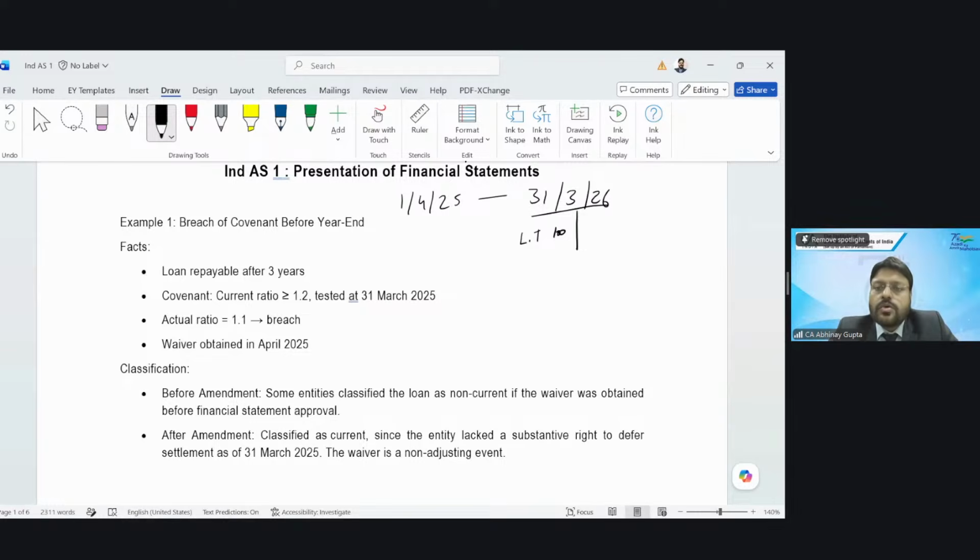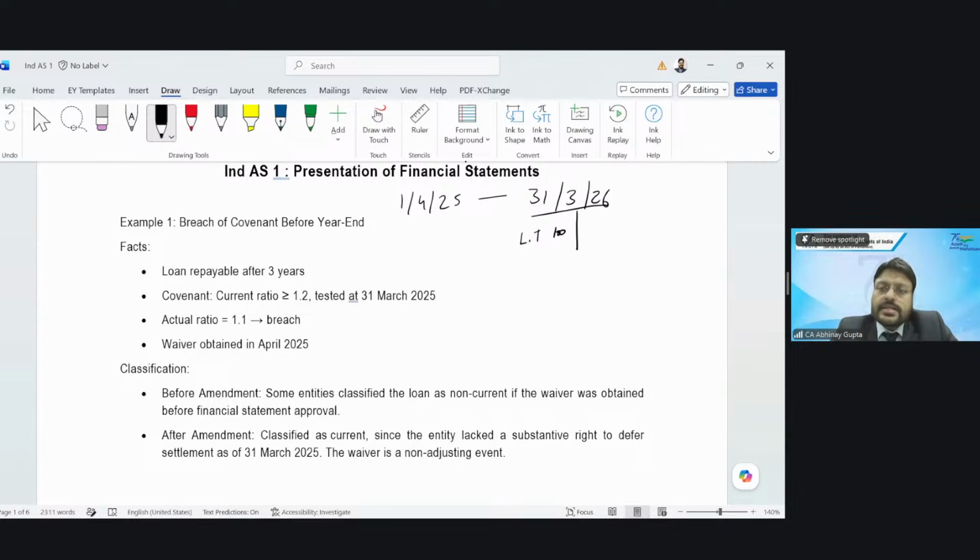So in case you go ahead and continue to present it as a long-term liability, then it will be misleading for the users of the financial statement. So what we need to do, although the banker or the lender has not yet raised the demand on you, right? But they can raise the demand anytime, right? But we shouldn't be taking the advantage that because we have not received the demand letter, let's continue with the long-term liability.